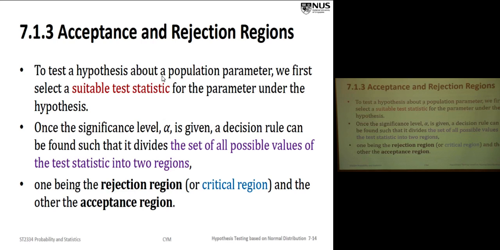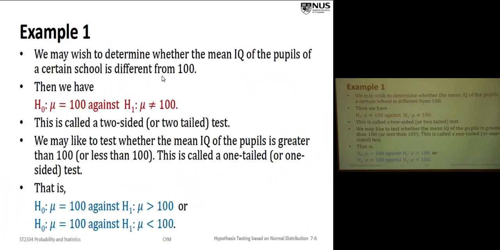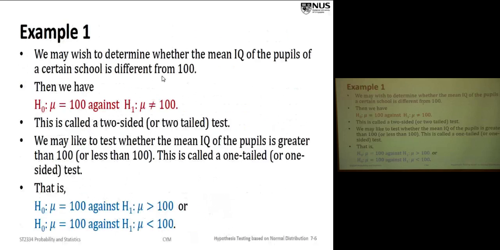So to test a hypothesis about a population parameter, you select a suitable test statistic for the parameter under the hypothesis. Okay, so what does that mean? Well, let's say you have a normal population and you want to test the null hypothesis that mu is equal to 100.